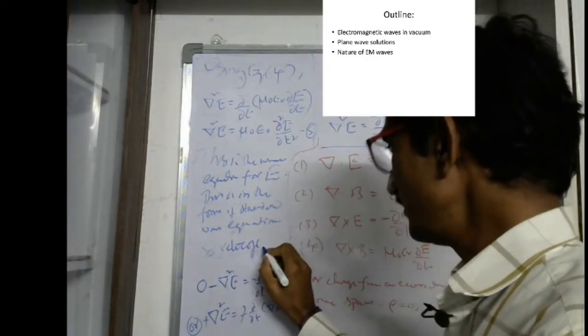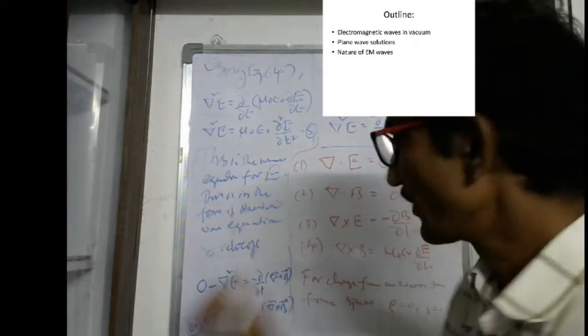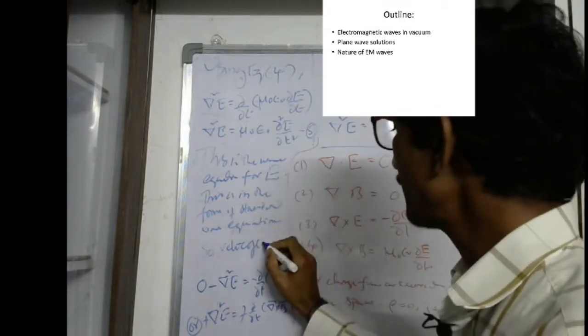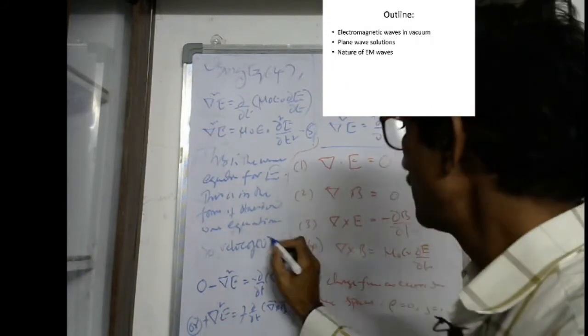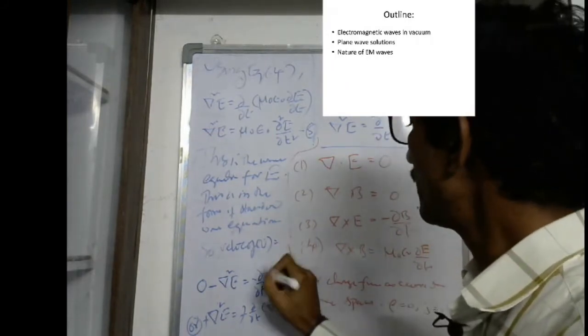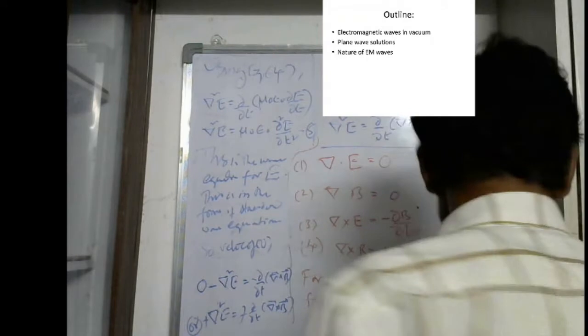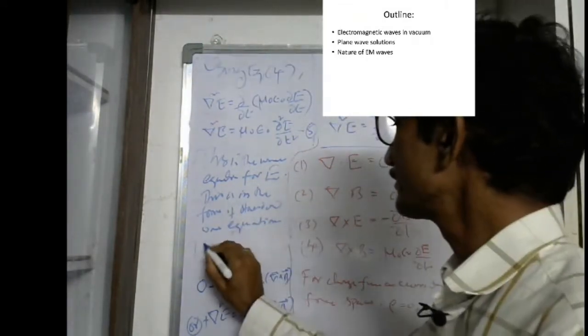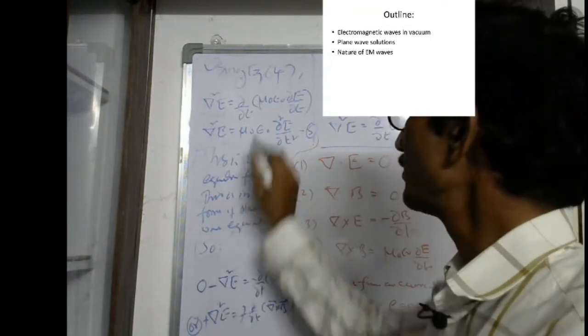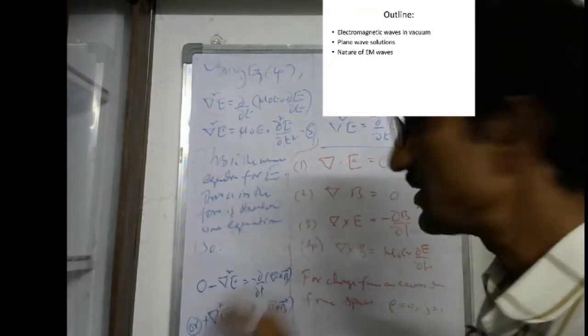In the place of v you have velocity v. How do you get the velocity here? I already told you that it is in the place of 1 by v square.